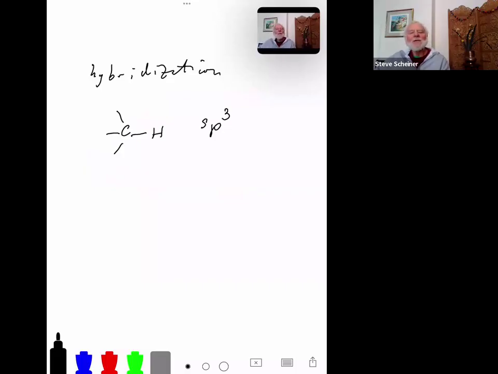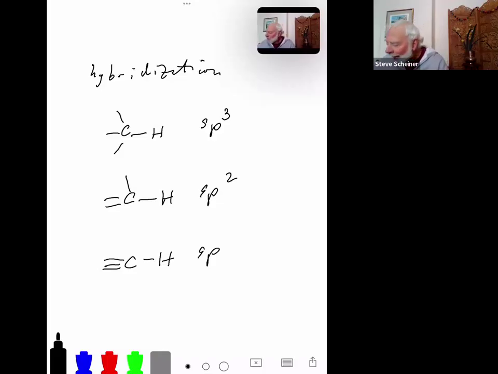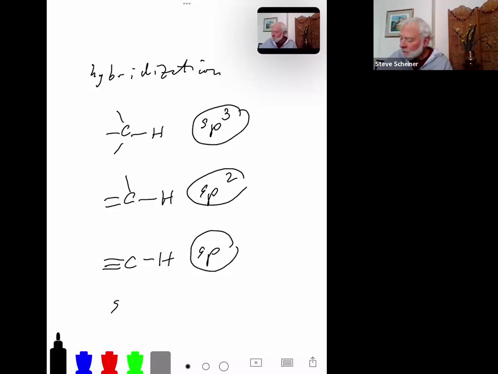A carbon that has only 2 groups to it, so we typically have a double bond and a single bond, and here's the H, that would be sp2. If the carbon is triple bonded to something, that's sp hybridization. And it turns out that the sp hybrid is a better proton donor than sp2, which is better than sp3.